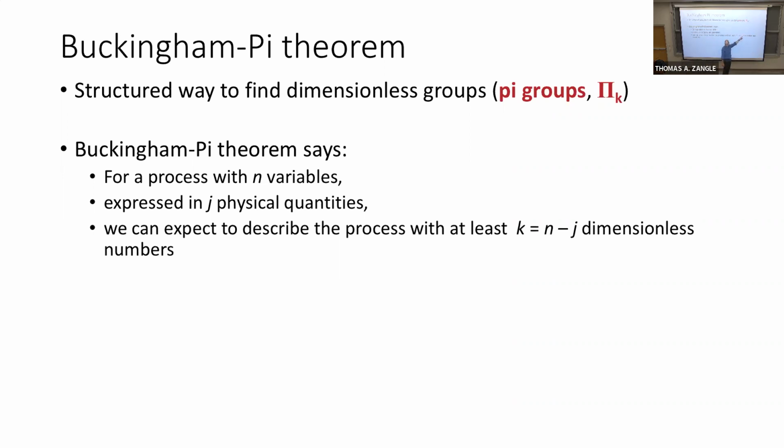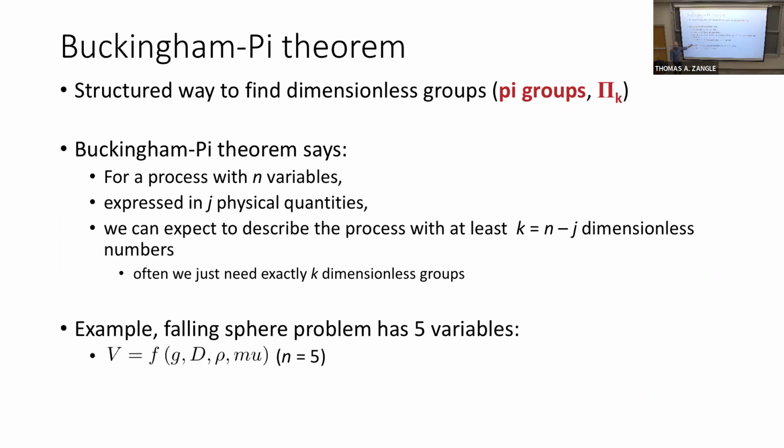That's our math for today. k is equal to n minus j dimensionless groupings. Yeah, I know, this one's tough. k is equal to n minus j dimensionless parameters. Generally speaking, we need exactly k dimensionless groups. So this is the number that we're looking for, k dimensionless groups.